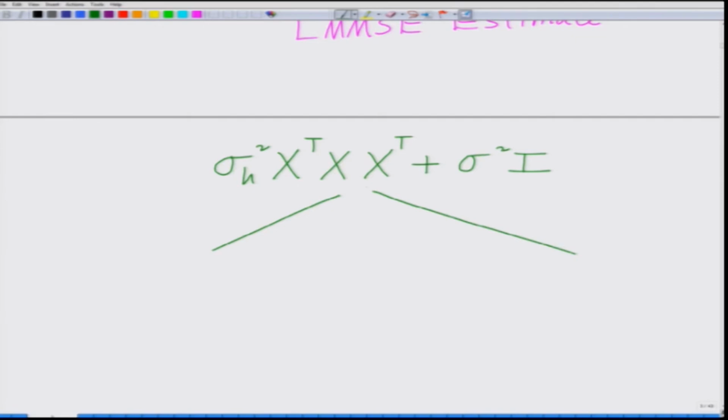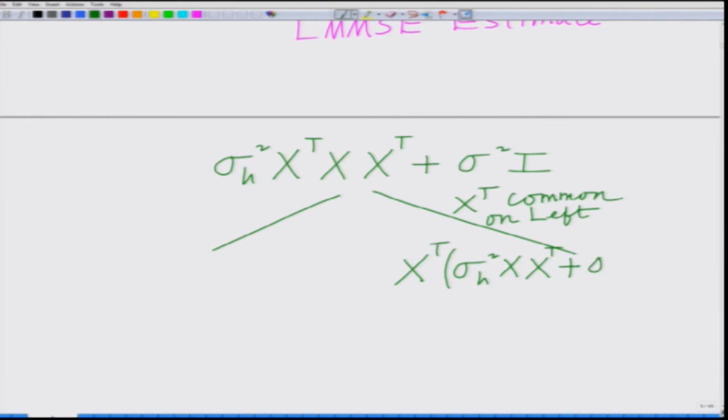I can take x transpose common on the left. Taking x transpose common on the left, that will give me x transpose times (sigma h square x x transpose plus sigma square times identity). I have changed this identity; this should be x transpose.